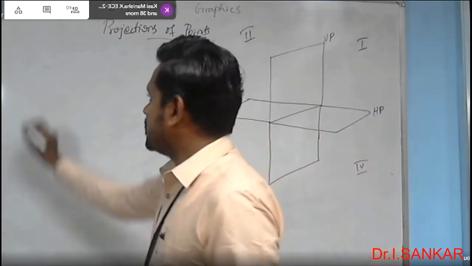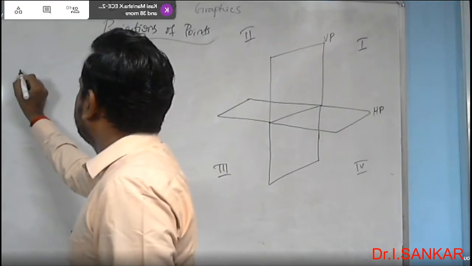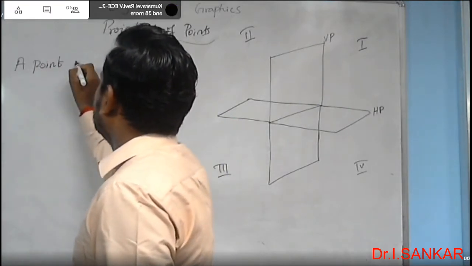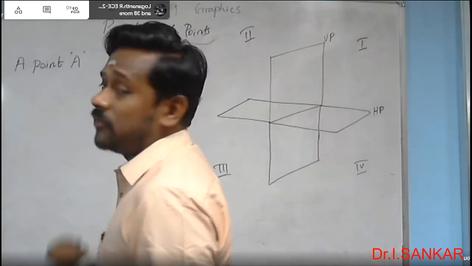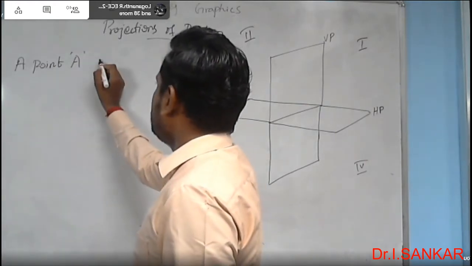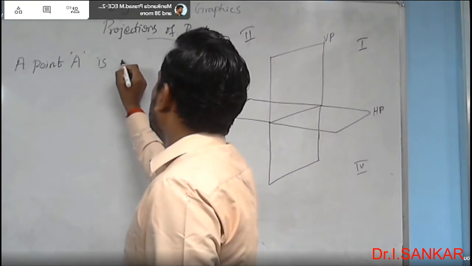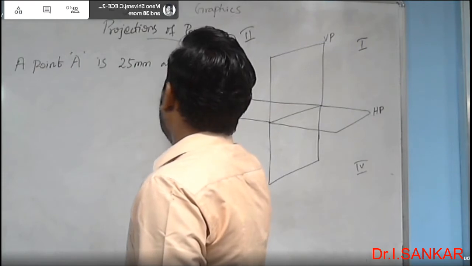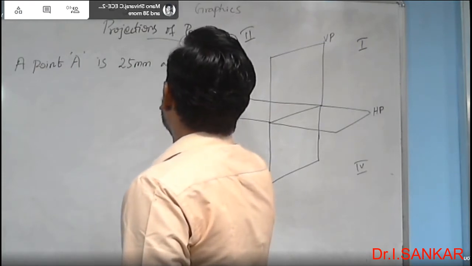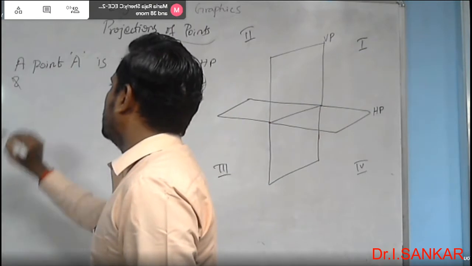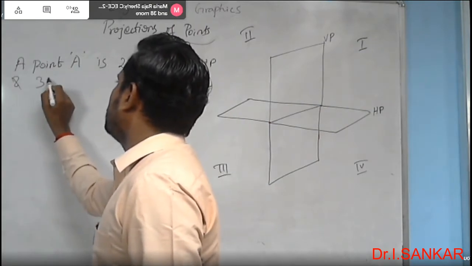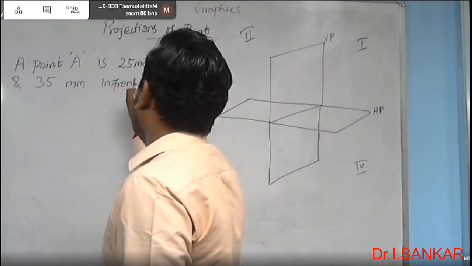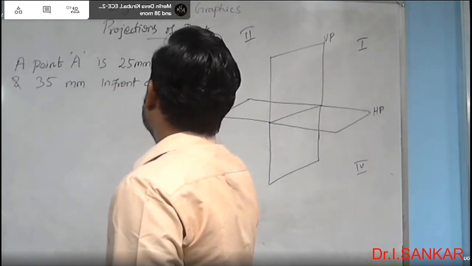Let me write the question here. A simple question. A point. The name of the point may be A. Is 25 mm above horizontal plane and 35 mm in front of vertical plane.